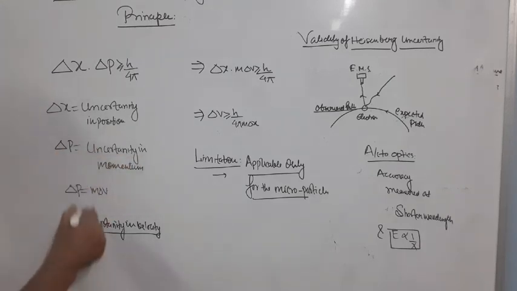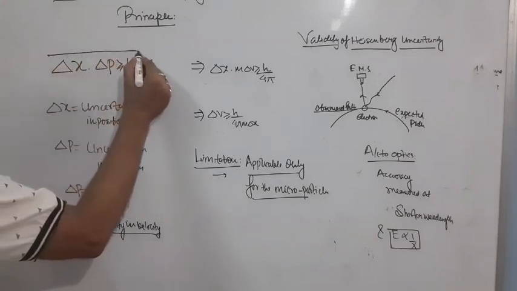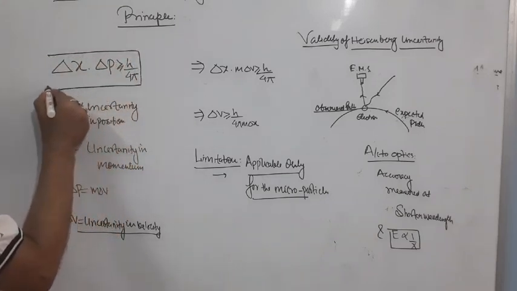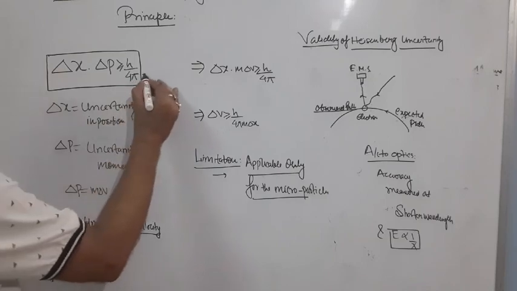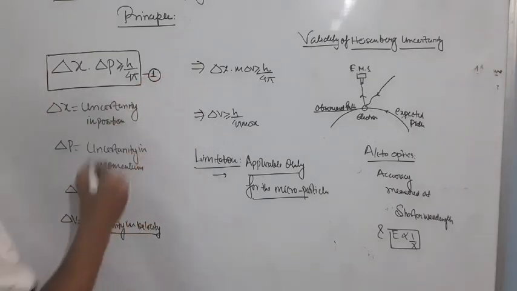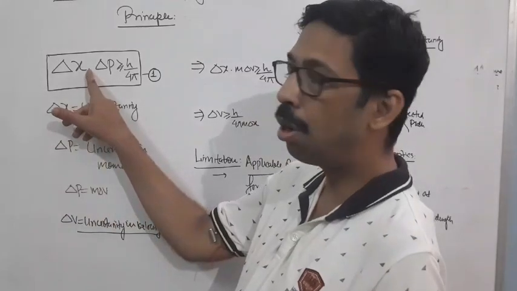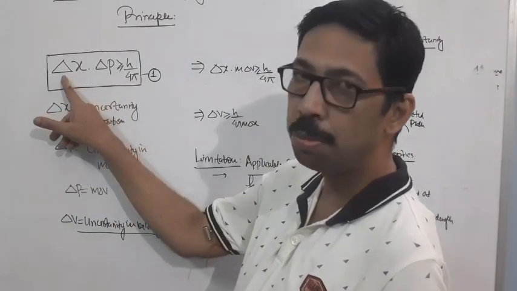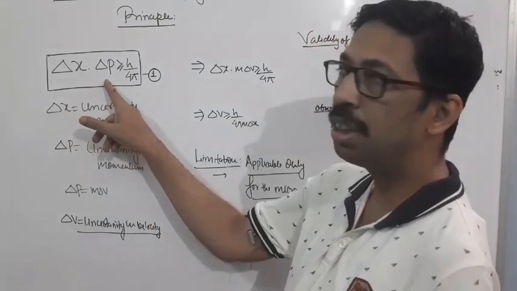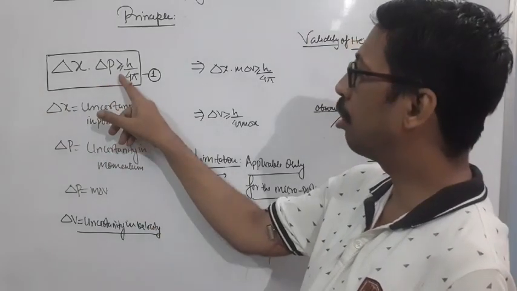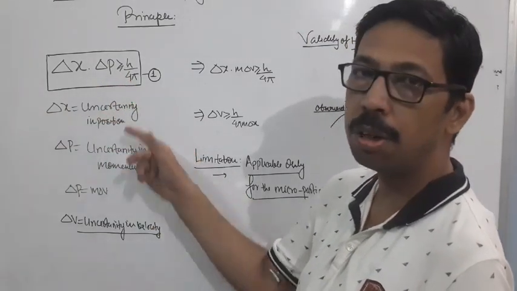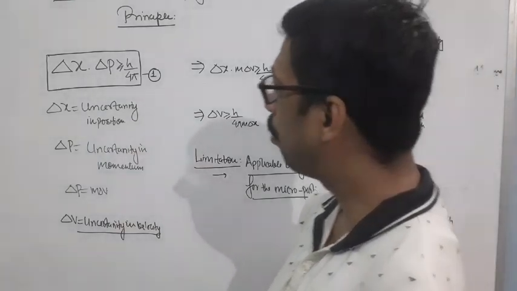So we can state this equation given by Heisenberg: the product of uncertainty in position and uncertainty in momentum is greater than or equal to h by 4 pi.